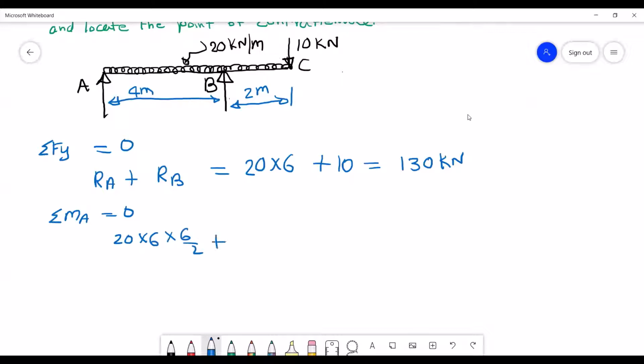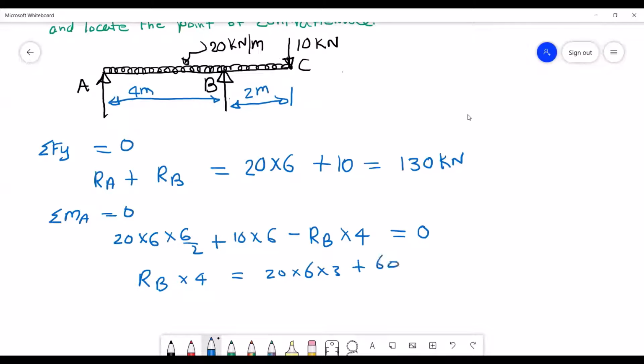Then we have plus 10, which is at a distance of 6 meter from point A. So it will be 6, and minus RB, the reaction at a distance of 4 meter, so it will be 0. Then RB into 4 is equal to 20 into 6 into 3 plus 60.